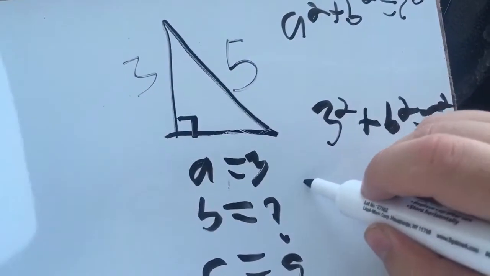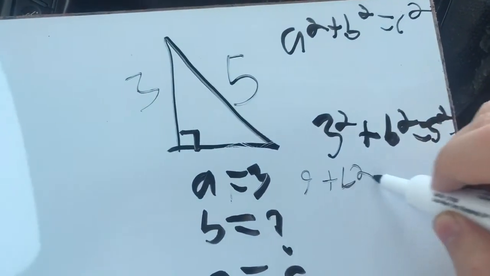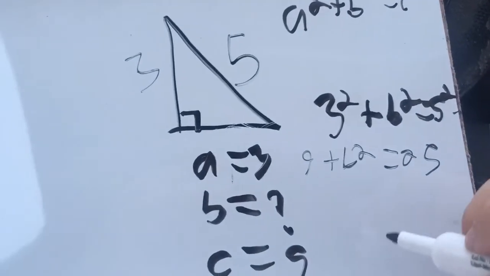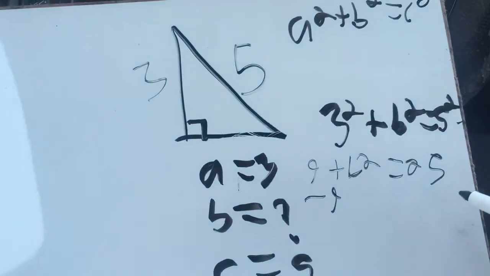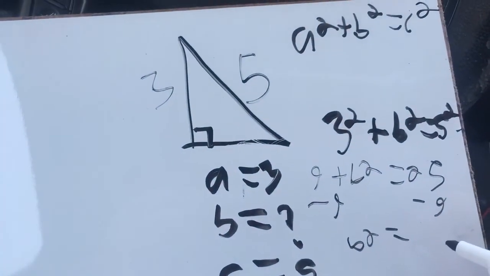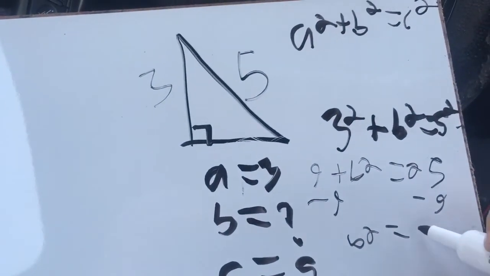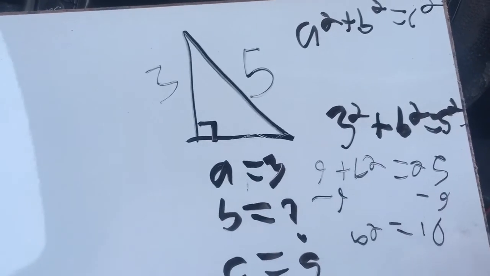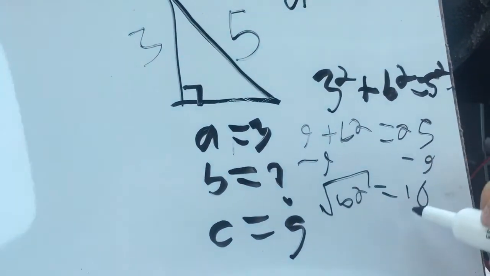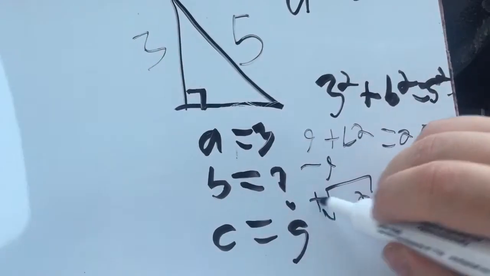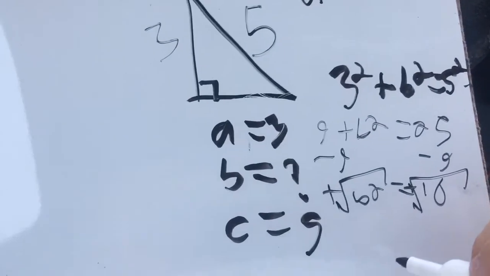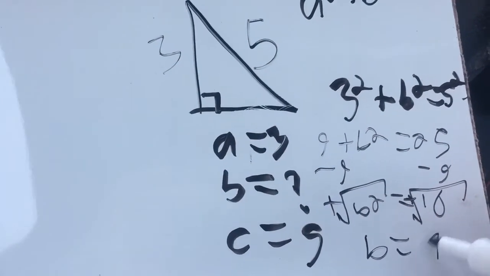So that's 9 plus b squared is equal to 25. Now we're going to subtract 9 from both sides, just rearranging the equation. B squared is equal to 16. And now we're going to square root to both sides. We're going to take the positive square root, because the side's a positive number. And B is equal to 4.